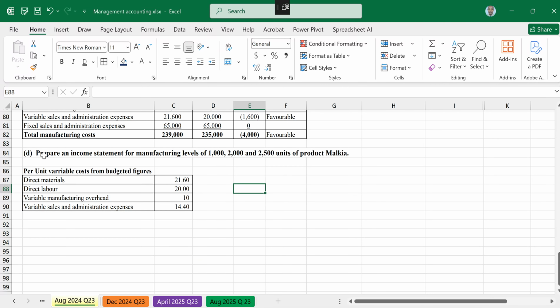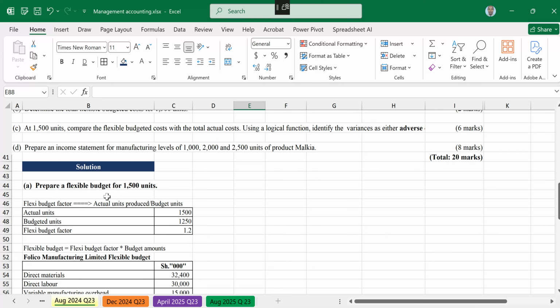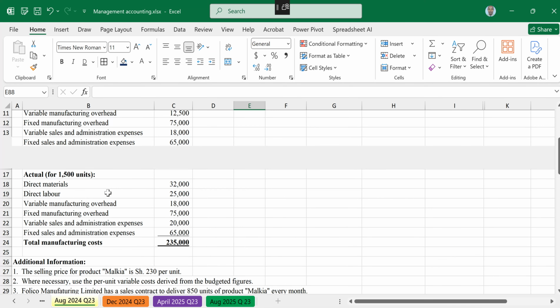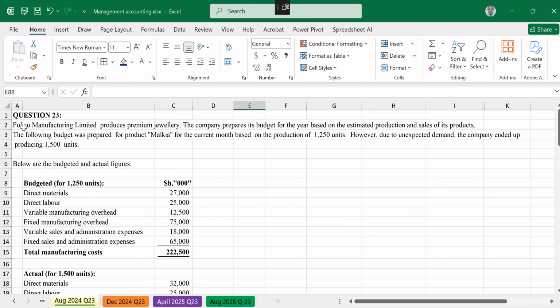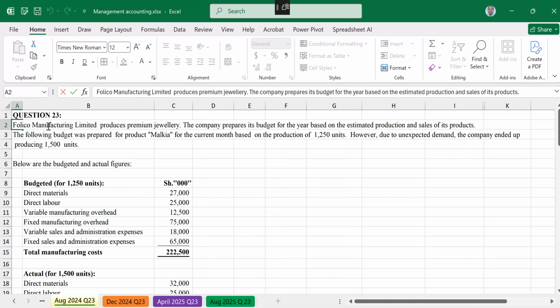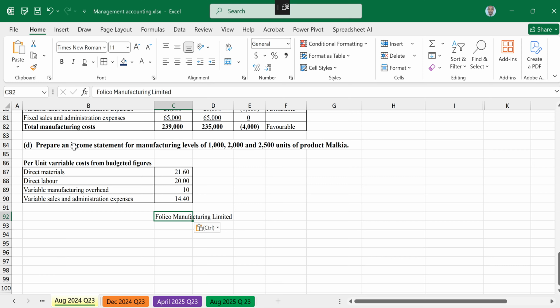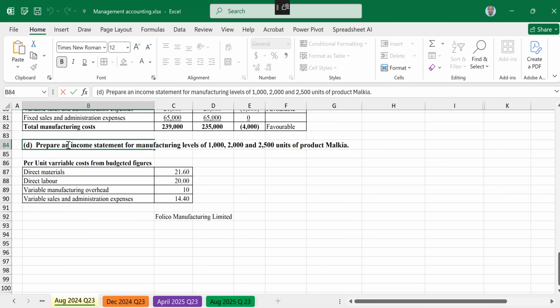Then the name of the company is Folco Manufacturing Limited. The title: they want an income statement for these levels.